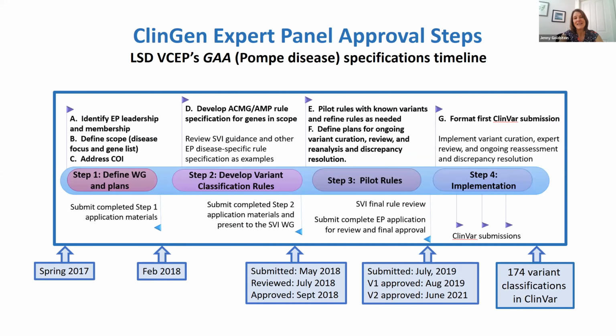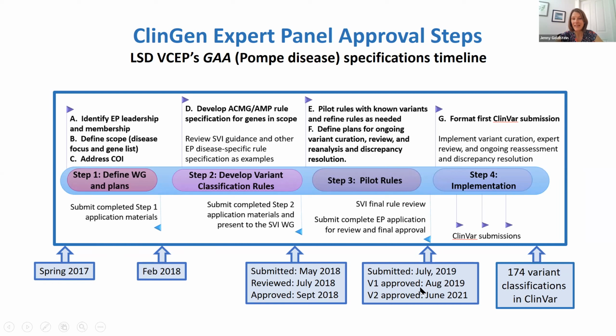So looking at the history of our VCEP, it's actually amazing to see how long we've been around for, but the group first got together back in spring 2017 and started developing or submitted our first application in 2018. We did our specifications that was submitted and approved by 2018.